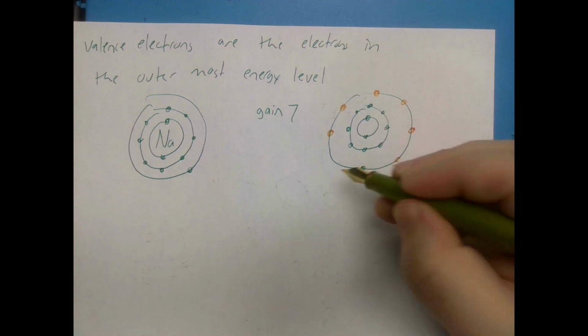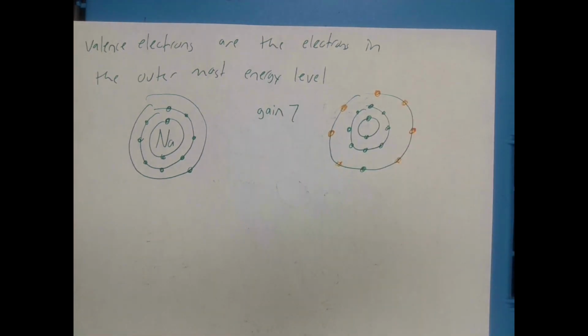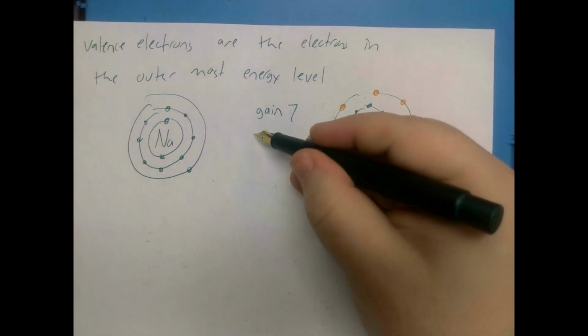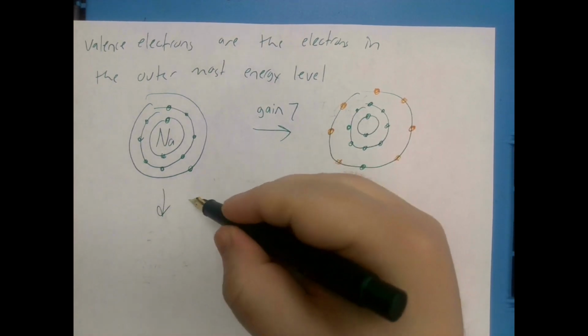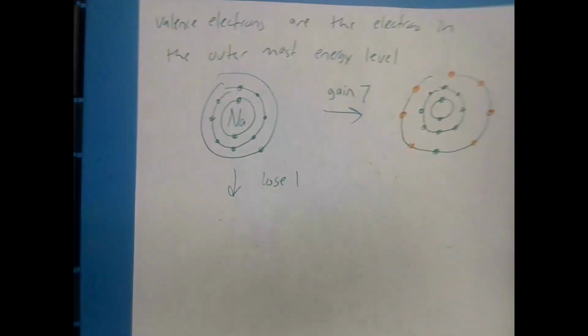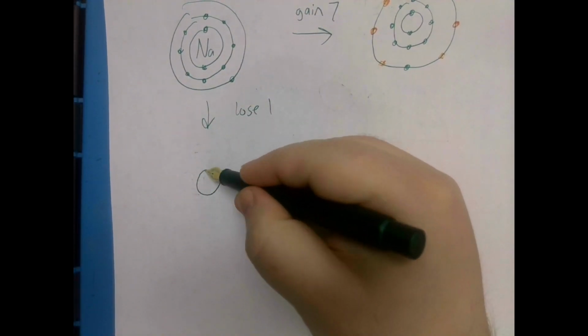That's a lot of electrons to gain, right? Or it can lose 1. And when it loses 1, let's look at what it looks like.